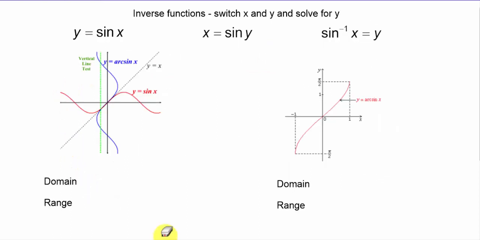So you'll notice in the inverse sine graph where I take the x and y, switch them, and solve for y, here is a graph of the sine function. And here is the graph of its inverse where I switch the x and the y coordinates. And you'll notice it doesn't pass a vertical line test. So over on the right here, I have an actual inverse sine graph that does pass a vertical line test.